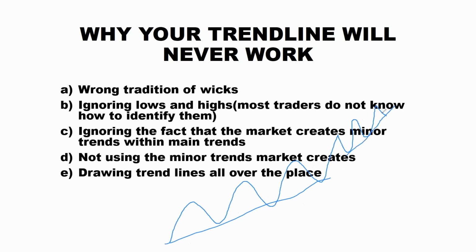Then again, when the market breaks below and creates another one, you can again have another trend line. This is not true. What is causing this scenario is point B. You don't know how to identify, or you're ignoring, lower lows and highs, or you're not correctly marking the lows and highs. That's what is causing that.